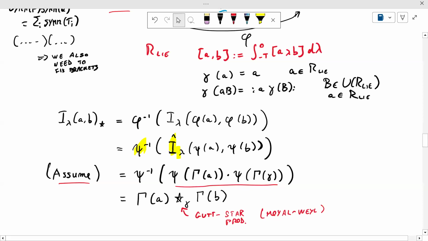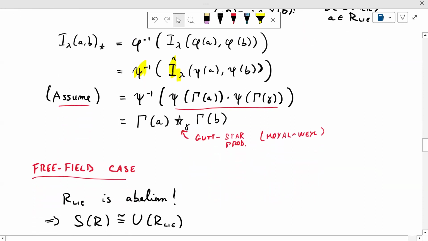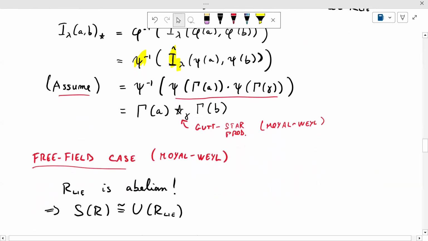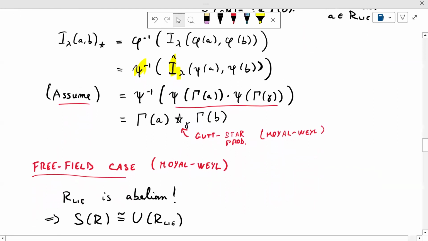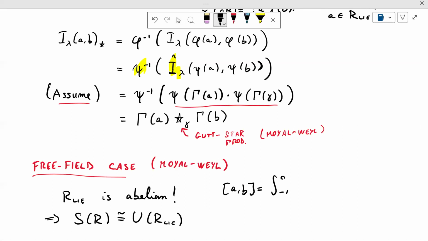So I'll show you now the formula that you get in the two different cases. First, the easiest one, the free field one, which particularly includes the beta gamma system. You can think of it as related to the Moyal-Weyl product. In this case, as you could expect, things are easier. In particular, we get that this Lie algebra R Lie is abelian. Why? Because the bracket is like this.